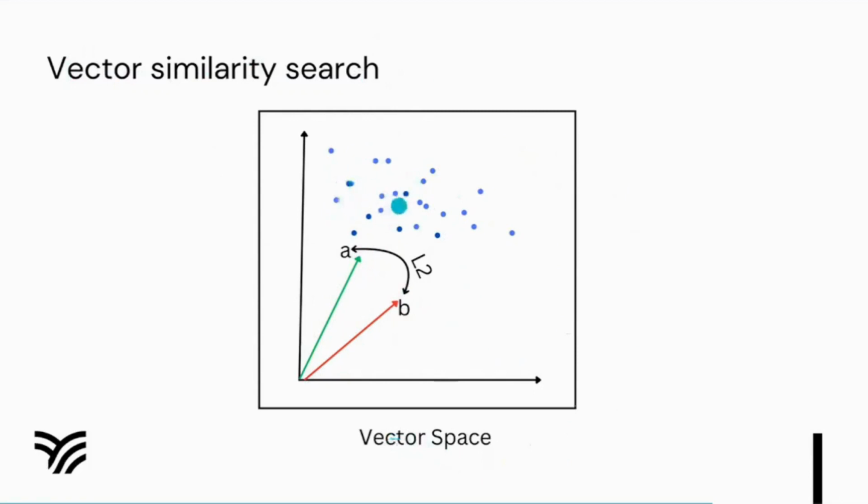Inside the vector space, we have a number of vectors, right? And let's say that we want to calculate the distance between vectors A and B, right? So we will use the L2 algorithm. L2 is the similarity metric algorithm, also known as Euclidean distance, to calculate the similarity between these two vectors.